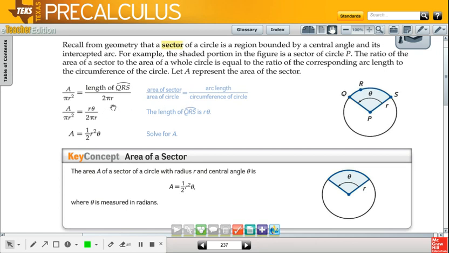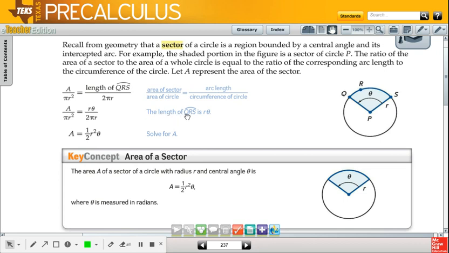Now, how do the ratio of area of a sector to the area of a whole circle and the ratio of the corresponding arc length to the circumference of the circle tie into area of a sector? So basically, it's using the ratios where the length of QRS is being replaced by the formula of arc length, which is r theta, as said right here.